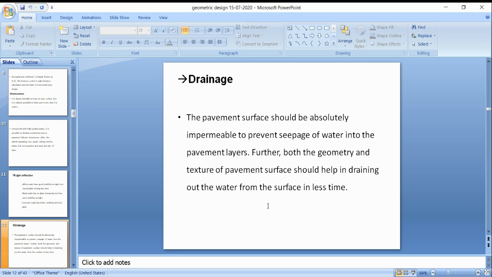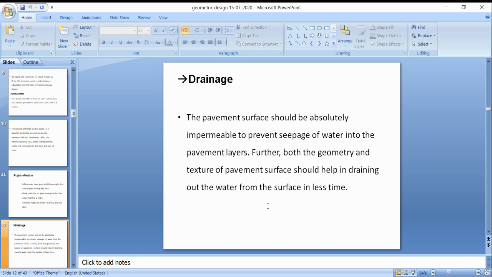The drainage. The drainage of the pavement is also one of the factors which affects the road surface. It should be impermeable to prevent the seepage of water into the pavement layers.